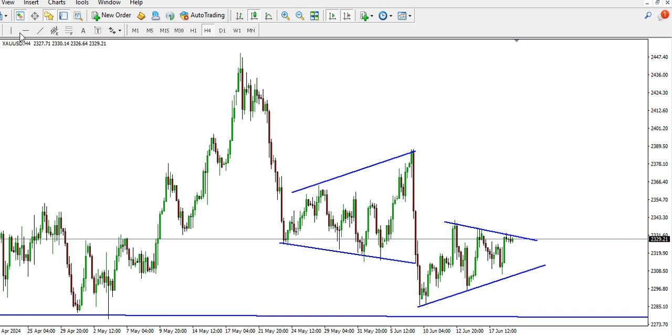So either we have another drop somewhere along this line, or we see price going back up after the range is completely formed. So we might see price going back up, or we see price dropping just to confirm the continuation of the bearish trend. So that's that for the 4-hour time frame.